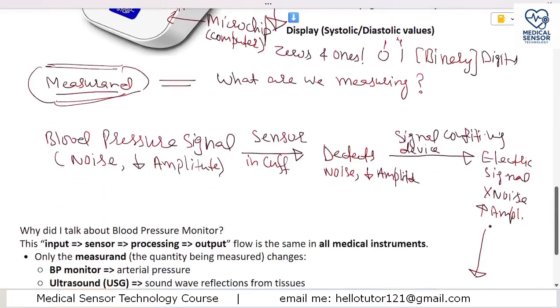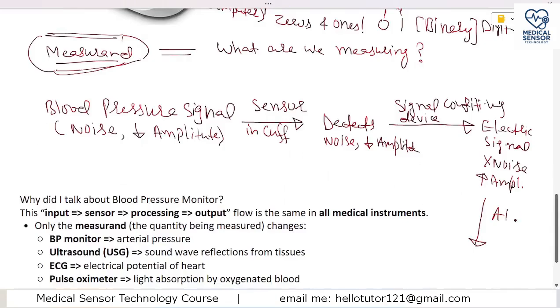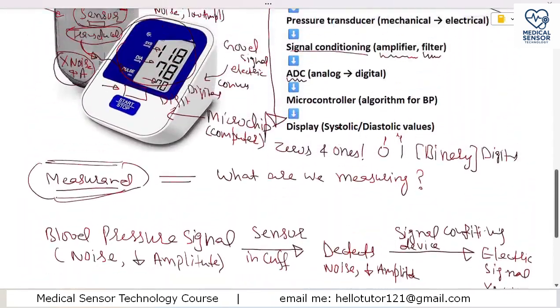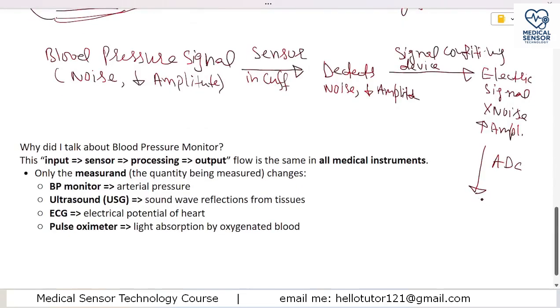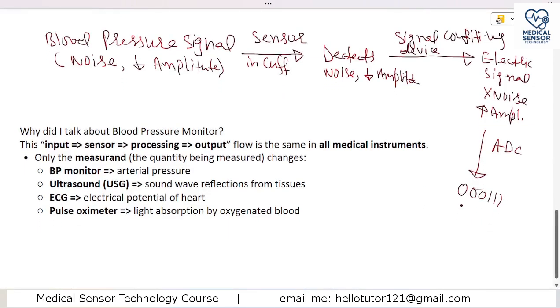All of this is packed inside it. What the ADC does is convert this electric signal into zeros and ones, for example like this, but not just this, a lot of these. Now the computer can understand this.